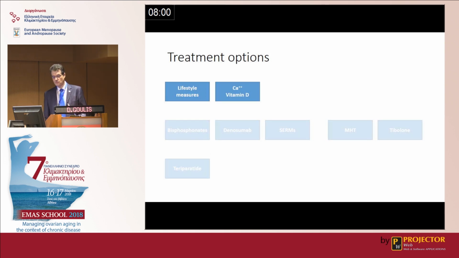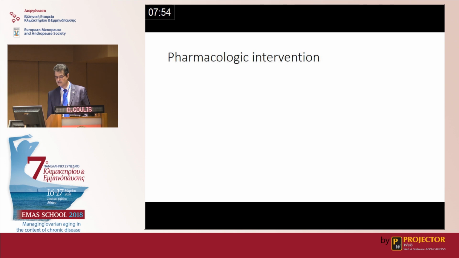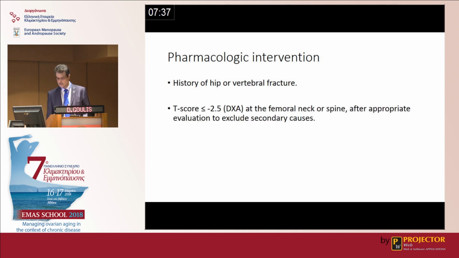Now, when we are going to expand our treatment beyond lifestyle measures and go to the drugs, I would say that there are three rough indications. One has to do with established osteoporosis, so fracture. If you have a history of hip or vertebral fracture, you have to treat. The second one is the classical definition of osteoporosis, a T-score of less than minus 2.5.